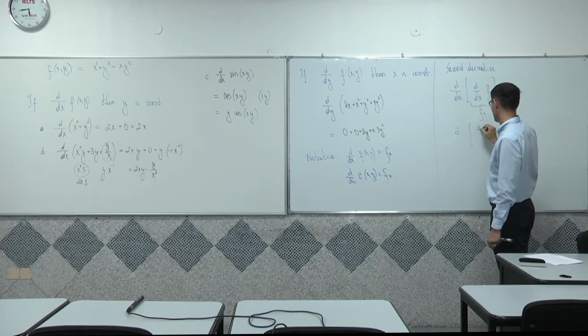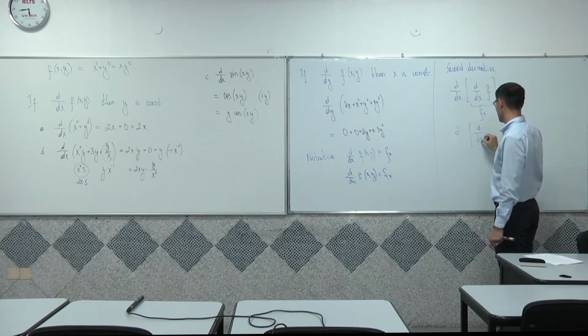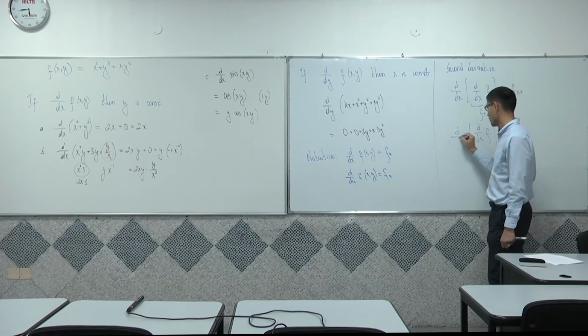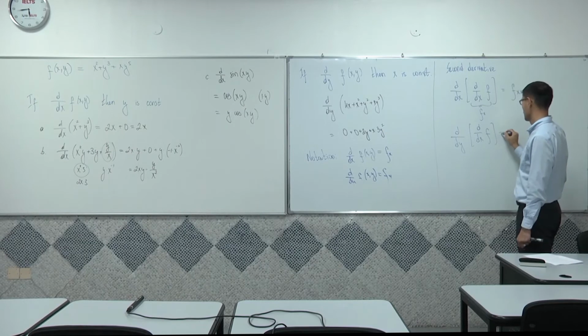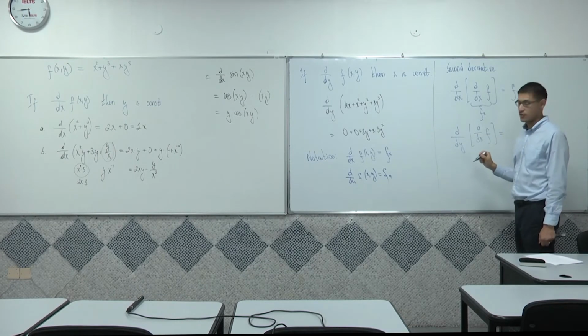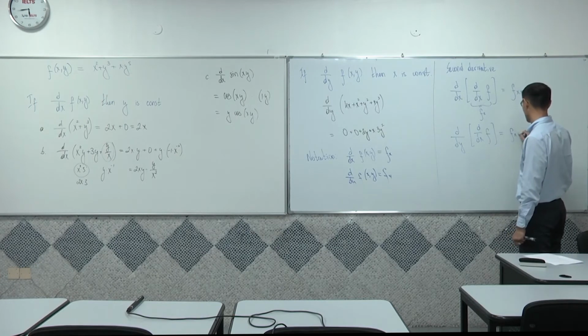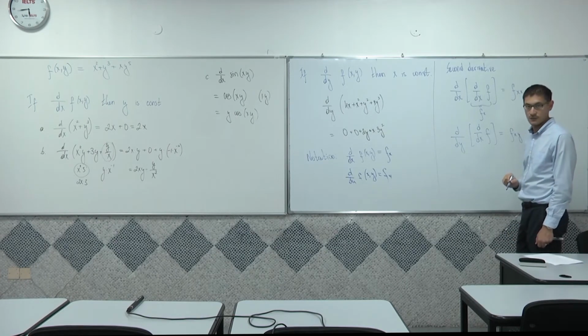What else can you do? You can take the derivative with respect to x first, and then take the derivative of this expression with respect to y. Again, we did differentiation twice. This is represented with f x y.